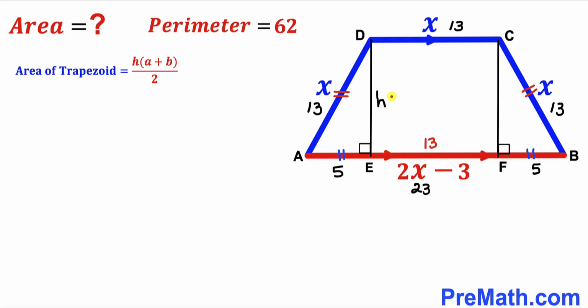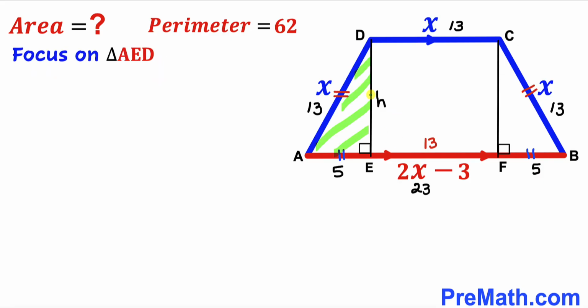Our task is to find the value of height h before we can calculate the area of this trapezoid. So we are going to focus on this right triangle AED.